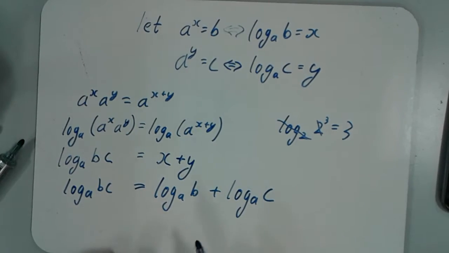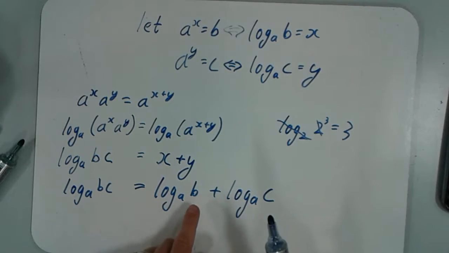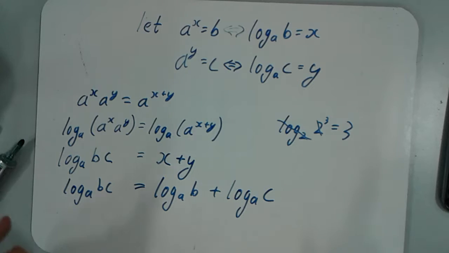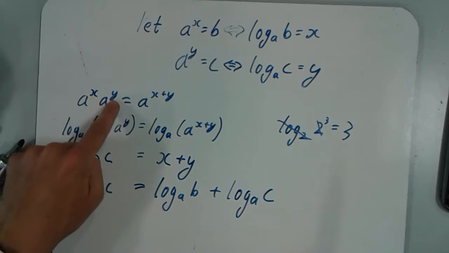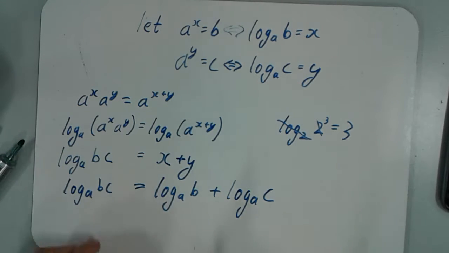Therefore, just using my laws of indices, I have similar rules for logarithms. Log of bc is equal to log of b plus log of c. Similar to indices, where I can turn multiplication into addition, here I can also turn a multiplication into an addition.